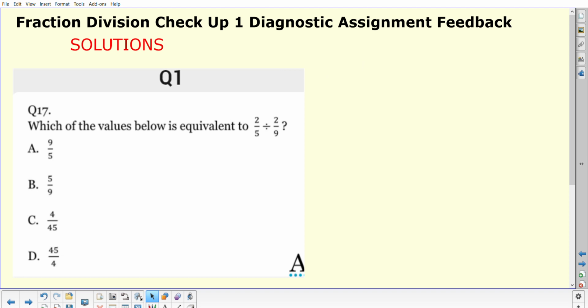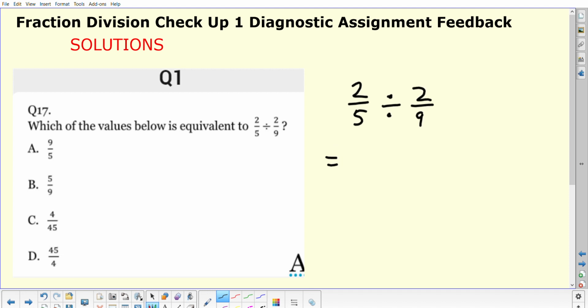So we're going to look at the solutions for the division checkup that you did on diagnostic questions. So the first one here, you would have written down your fraction division, so 2/5 divided by 2/9.